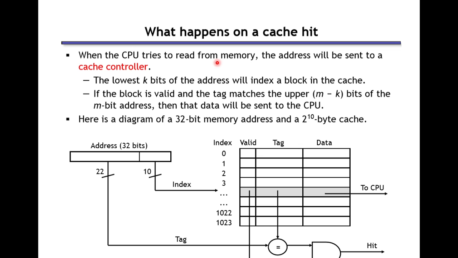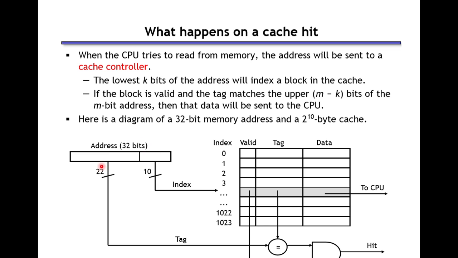So what happens whenever we get data in the cache? This is called a cache hit. When the CPU tries to read from memory, the address will be sent to the cache controller, and the lowest k bits of the address will index a block in the cache. For example, this is your 32-bit address from the CPU.